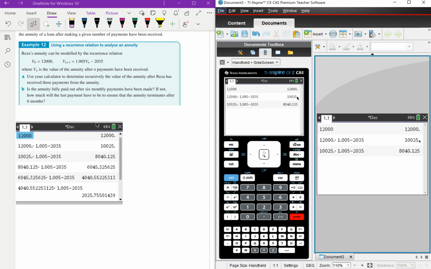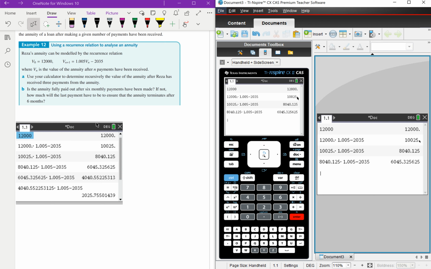I've done the recursive formula there. That's my second month. They still hold $8,040.13 of my money, and they're giving me interest as well as $2,035 every month. So I'm overseas, I'm still able to enjoy myself with $2,035, but I also get a bit of interest as it goes too.